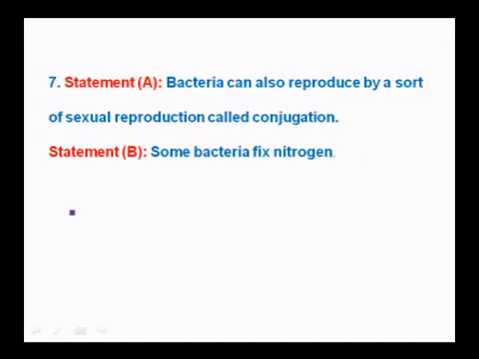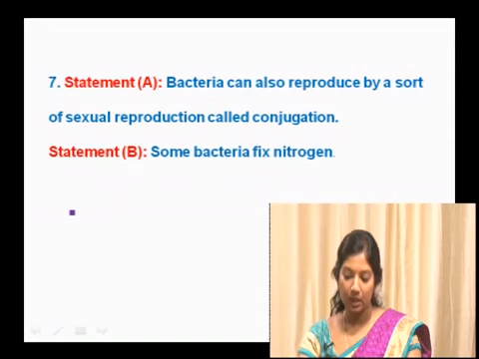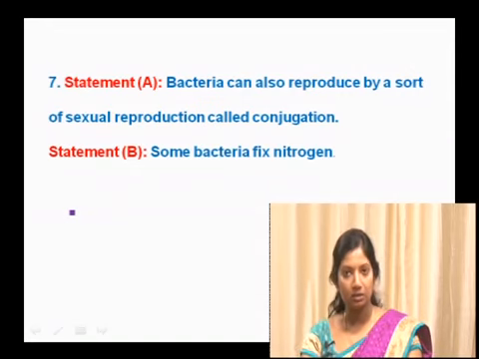Now the next question, statements. Statement A: Bacteria can also reproduce by a sort of sexual reproduction called conjugation. Statement B: Some bacteria fix nitrogen. My dear students, let me tell you something about conjugation. Bacteria reproduce by various methods.